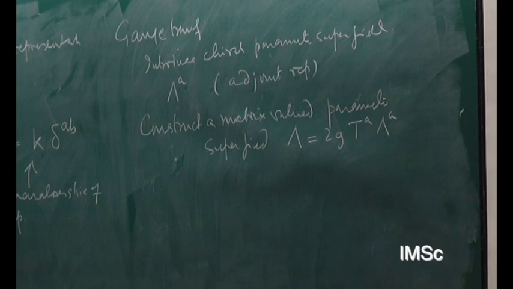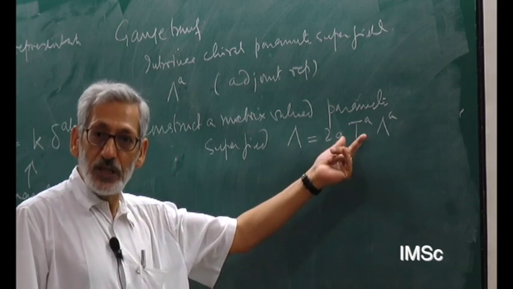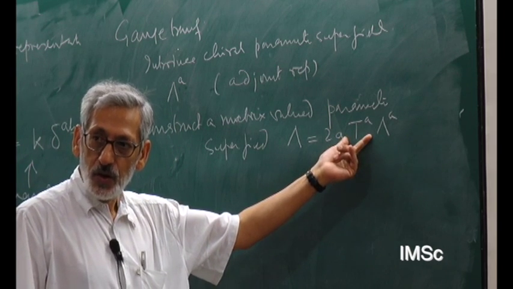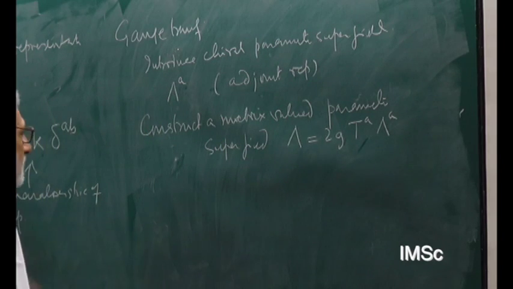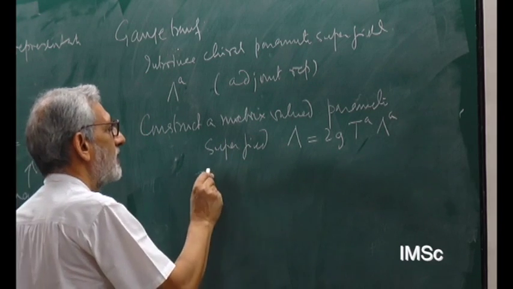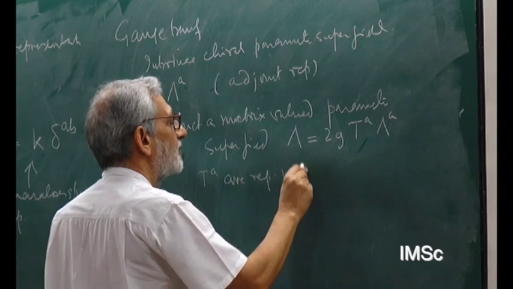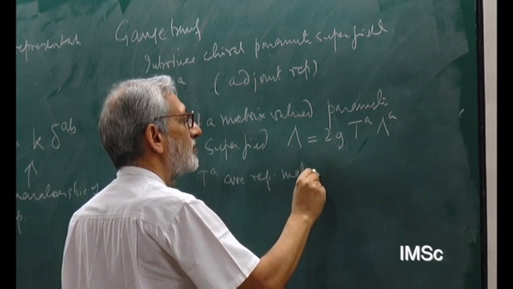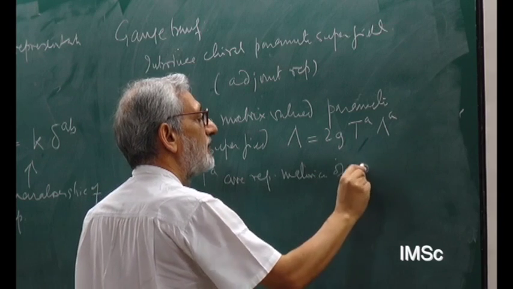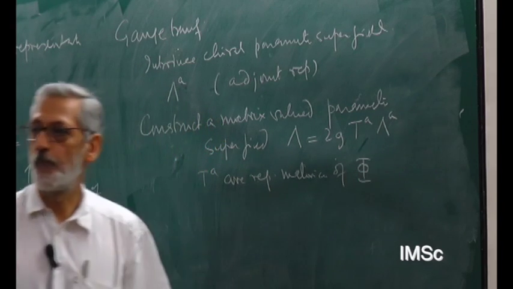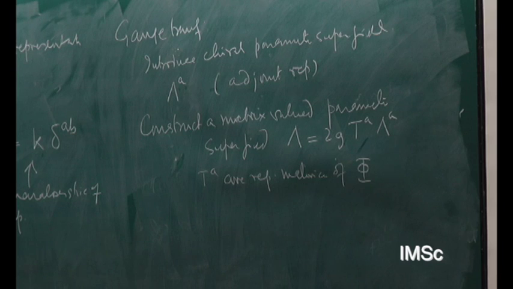So multiply it by T^A, which are the representation matrices of Phi.